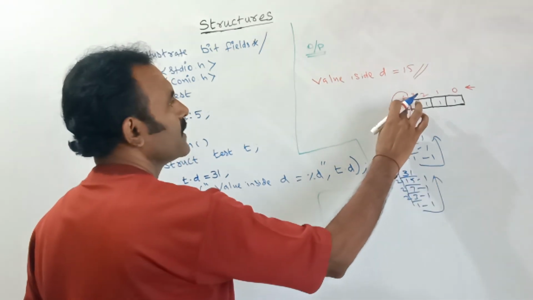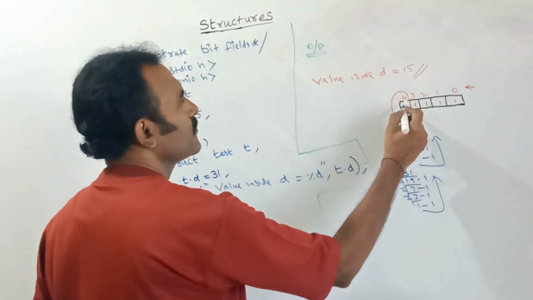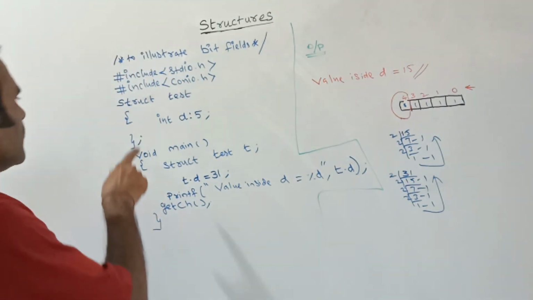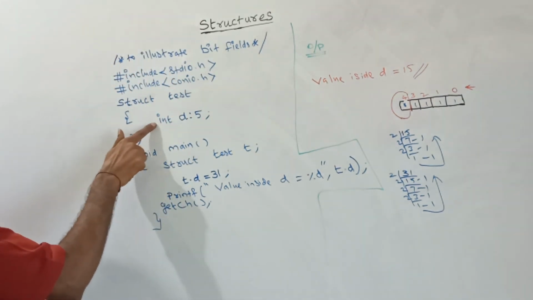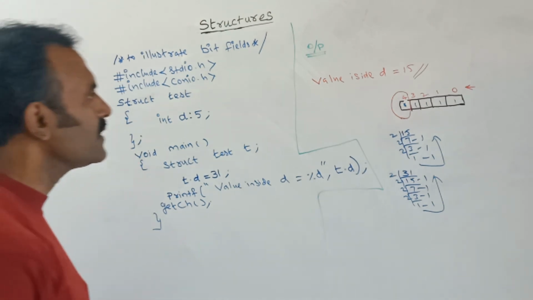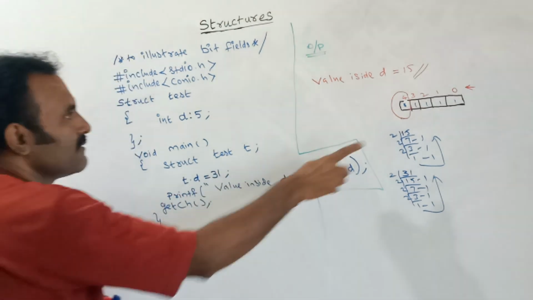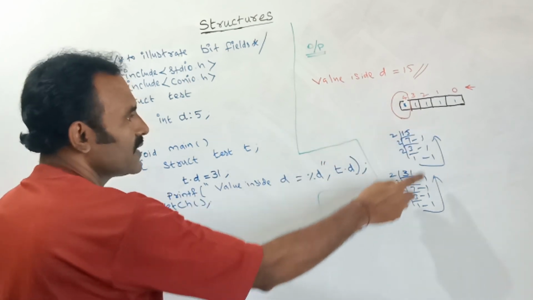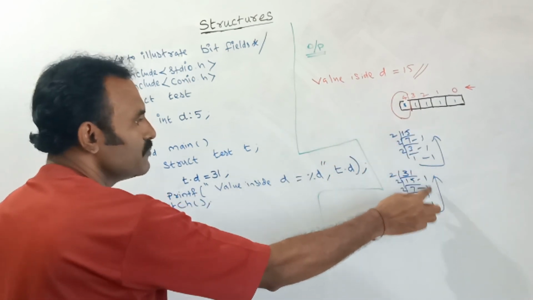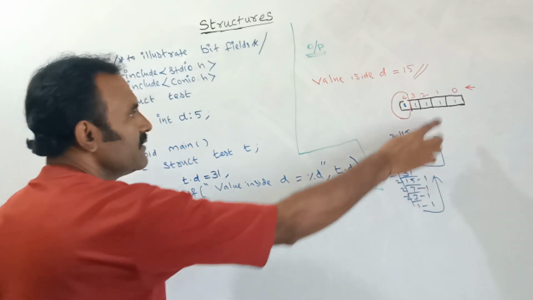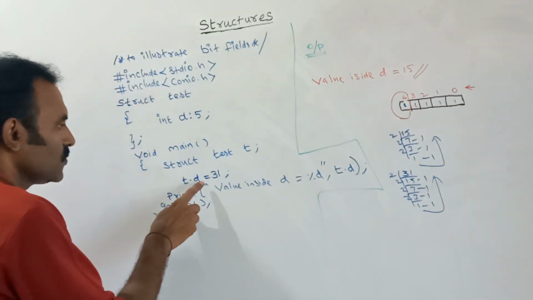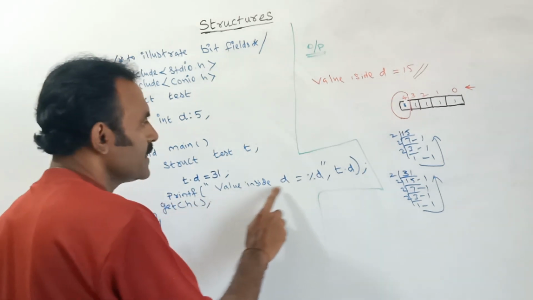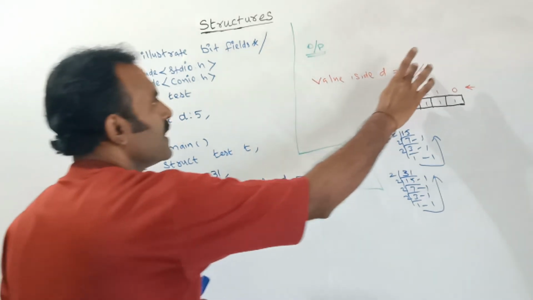Totally 5 ones were there. So this 0 is occupied as 1. So here all this is what? Signed 1. If it is signed 1, then what will be the answer? It will store like this. Here totally 5 bits, every bit it will occupy the value 1. So if I am storing 31, while printing this result, what will be the answer?